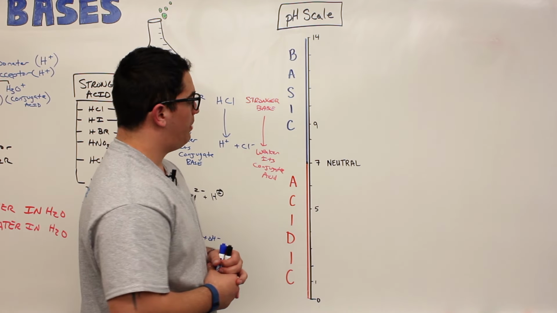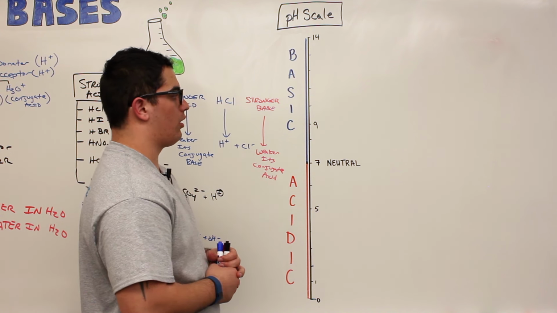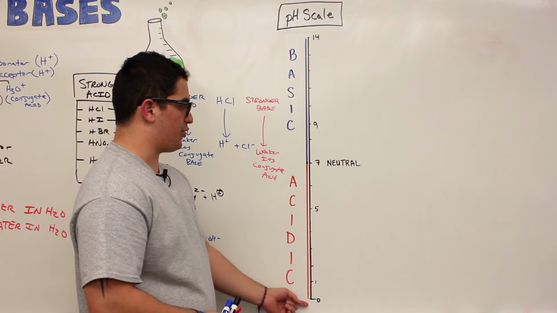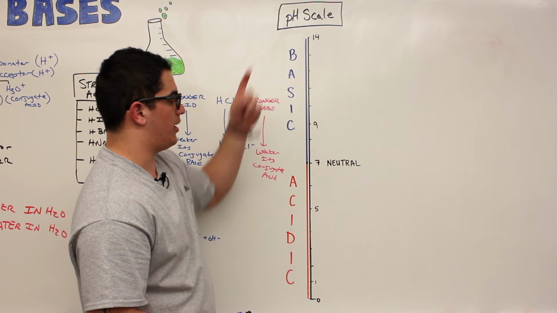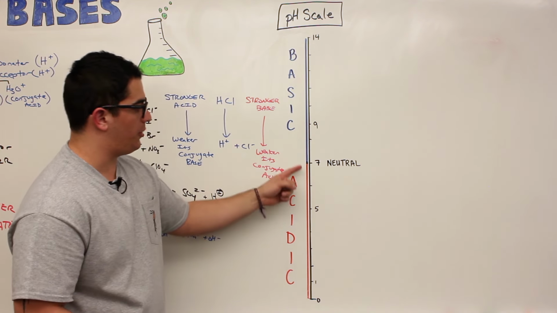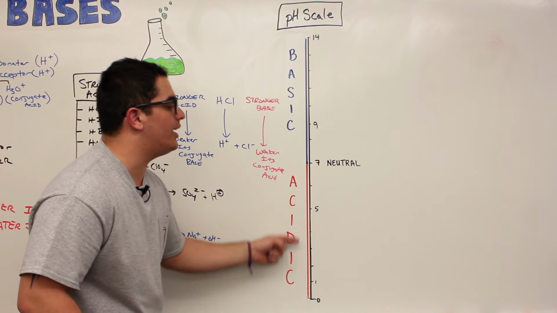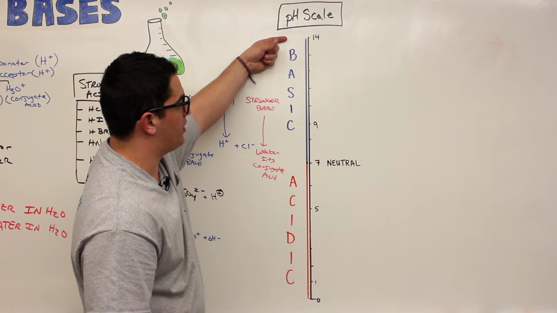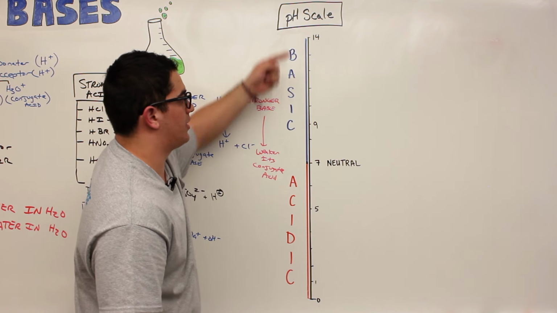So the pH scale is basically a logarithmic scale here, and we're going to talk about that in a little bit. But just know that it's a scale that goes from 0 all the way to 14. And what it does is it helps to measure, from 0 all the way to 7, how acidic the solution is. And then going from 7 all the way up to 14 measures how basic a solution is.